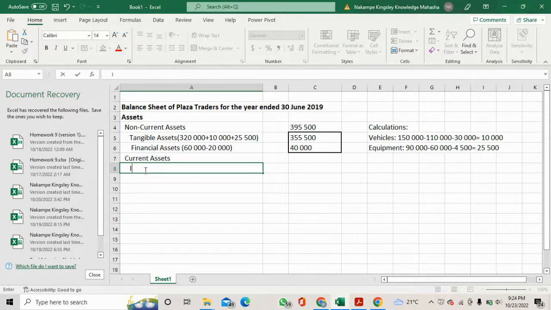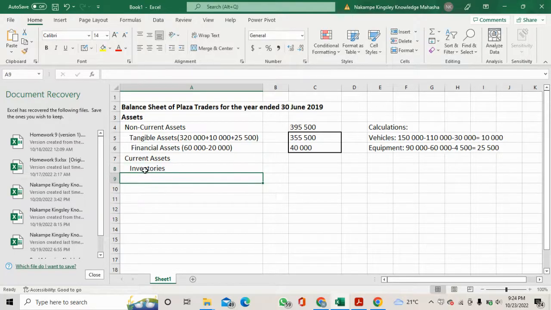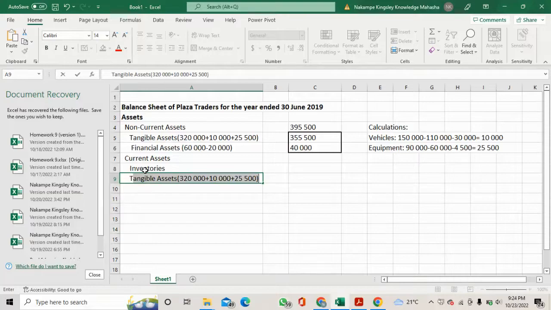So under our current assets, we're going to have inventories, however you pronounce it. And then another one is going to be our trade and other receivables.